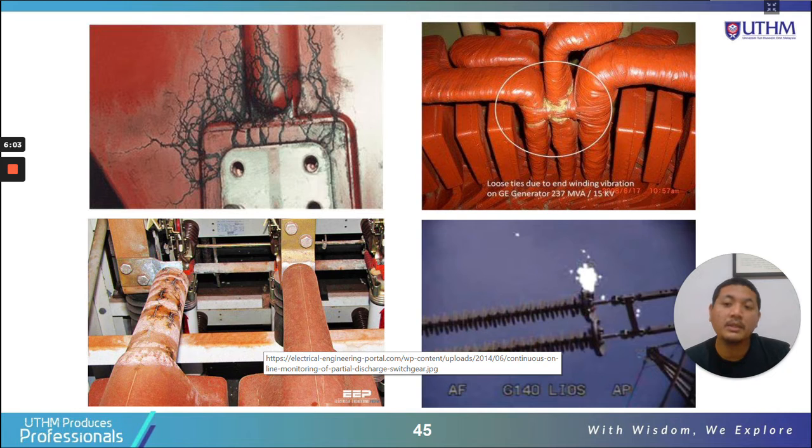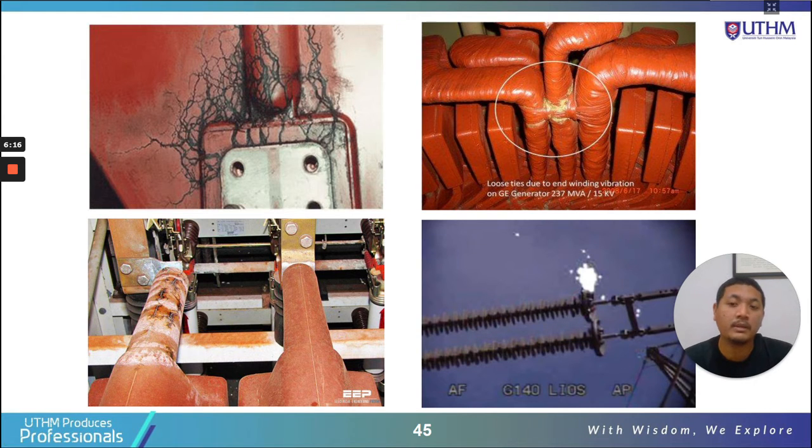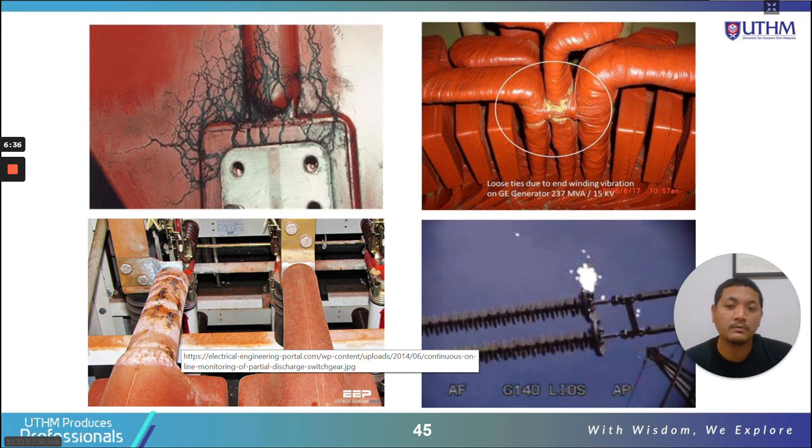The PD happens on the surface only on this phase, not on the other phase. There could be a reason why this happens only on this phase, but you can see this is the result of partial discharge. It's not completely breakdown yet, but the partial discharges are happening, and we have to solve this problem before it becomes full breakdown, complete failure.